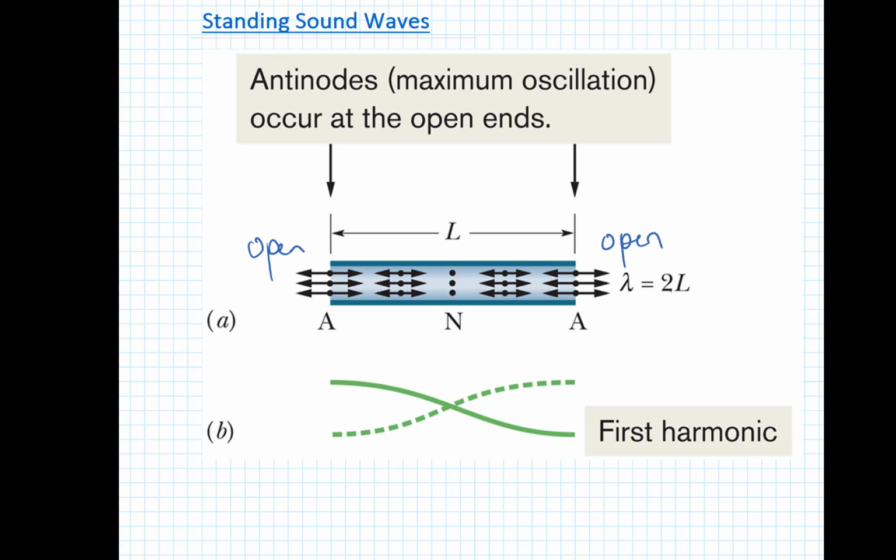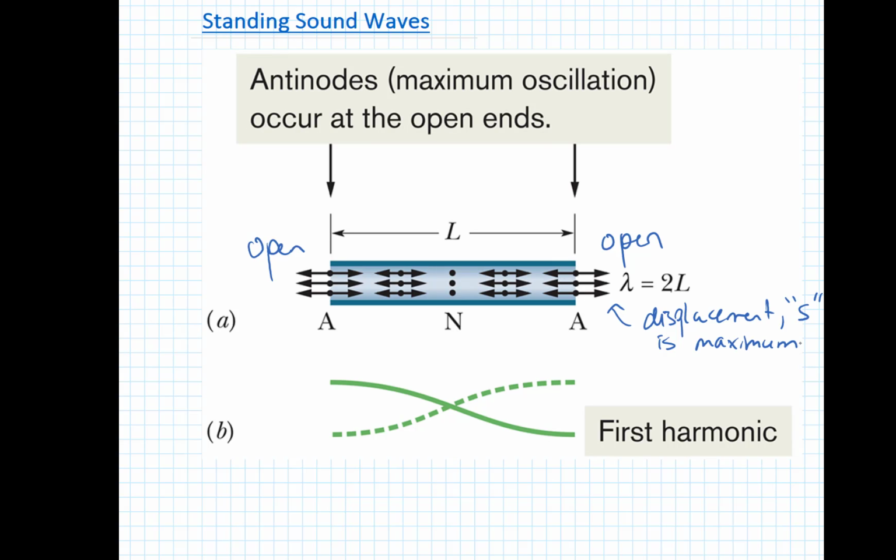we can see in this, the black arrows, the maximum displacement. This is what we refer to as S as a function of position x and time t, and so this displacement is maximum here.